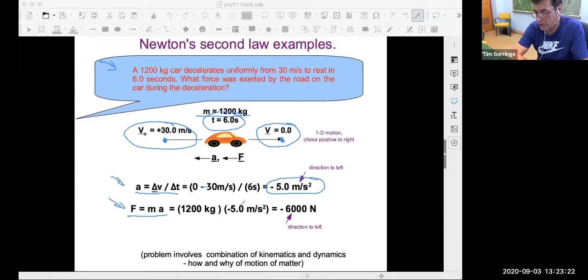The acceleration I know is minus 5 meters per second squared. Multiply those two. Even I can do this one in my head, right? 1,200 times 5, that's 6,000. It's minus 6,000 newtons. Again, this force has both the strength, 6,000 newtons, and a direction indicated by the minus sign. In fact, look at these two minus signs.